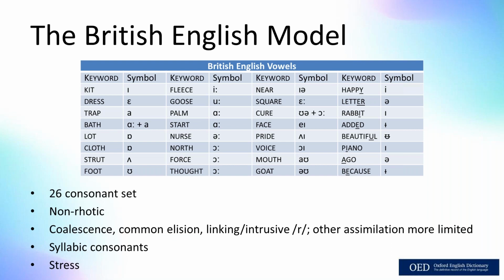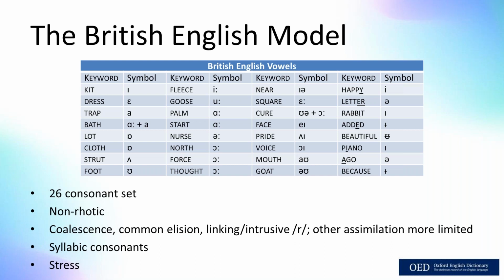Consonant-wise, we have 26 consonants in our base set, and this includes the 2 affricates, ch and j, the voiceless velar fricative ch, and the lateral alveolar fricative ch. And those latter 2 are the ones that are routinely accepted in otherwise anglicized loans, particularly from the Scottish, Irish, and Welsh varieties.